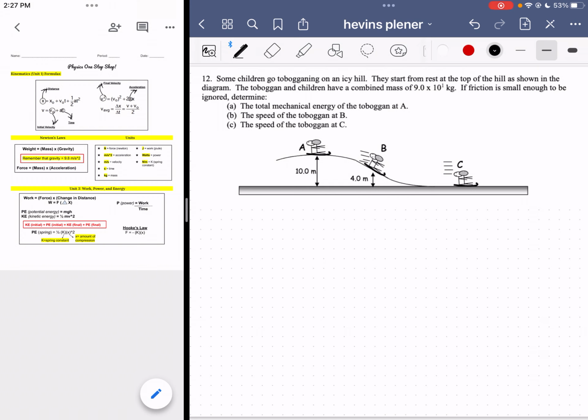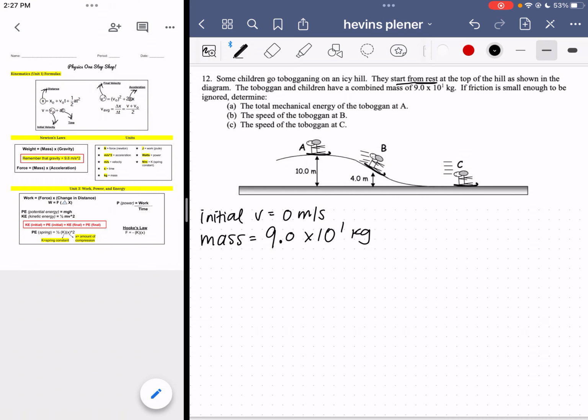Some children go tobogganing on an icy hill, so sledding. They start from rest. So let's write initial velocity is 0 meters per second. At the top of the hill, as shown in the diagram, the toboggan and children have a combined mass of 9.0 times 10 to the 1 kilograms.